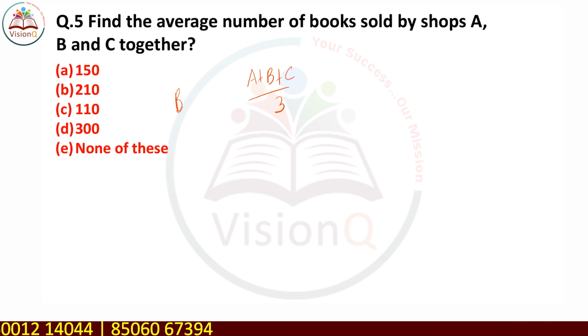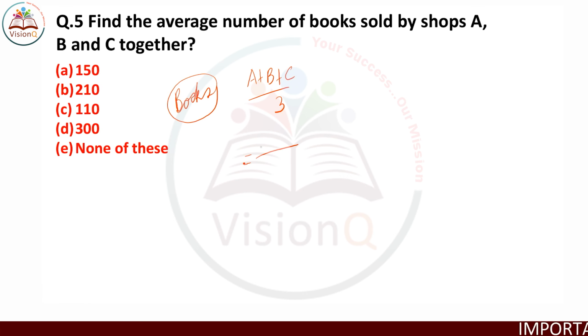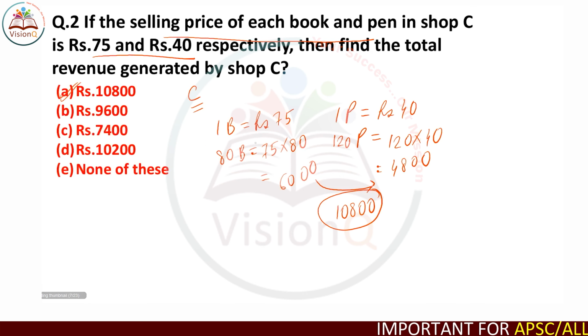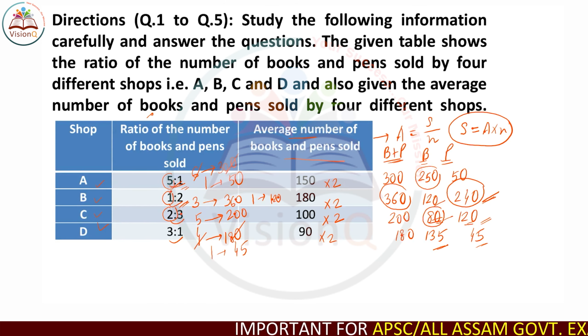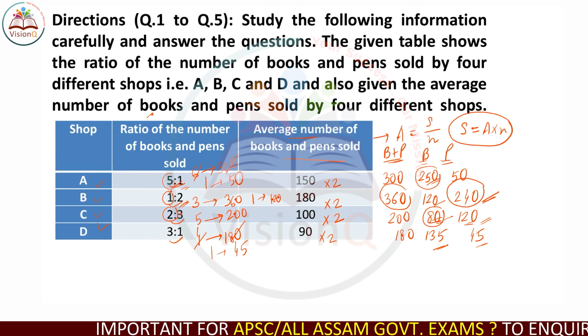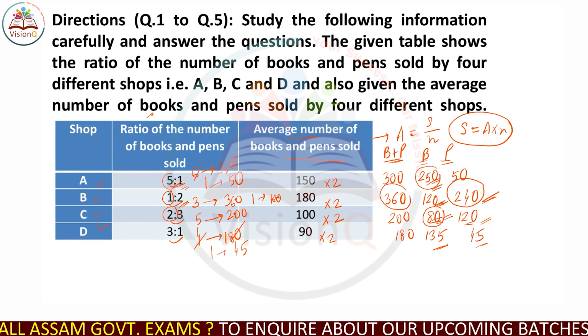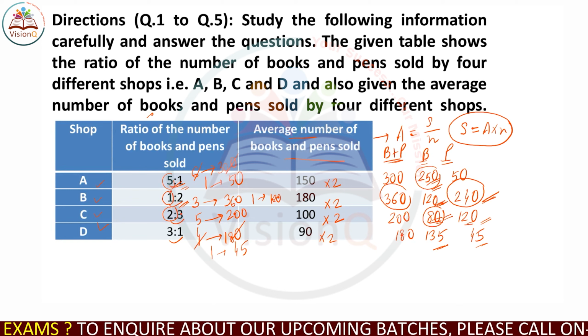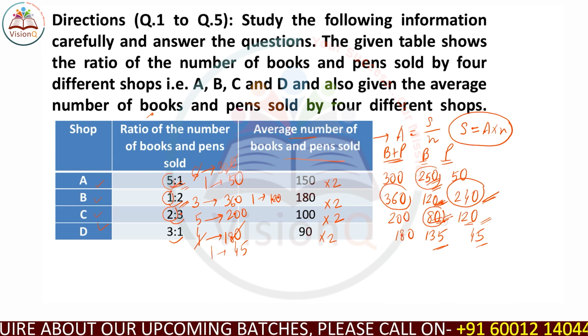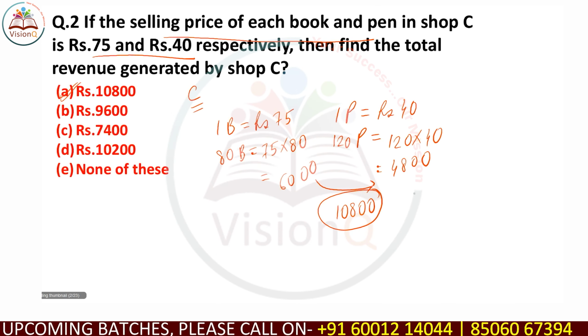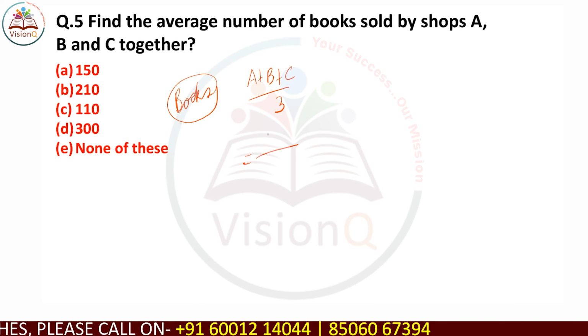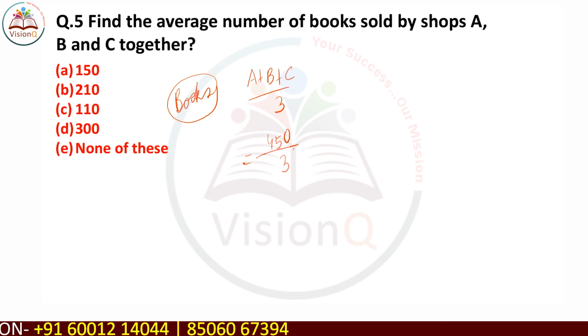The number of books sold by A, B and C shops: 250 plus 120 plus 80. 250 plus 120 is 370, and 370 plus 80 will be 450. So just divide 450 by 3, and I will get the value 150. So the correct answer is option A, 150.